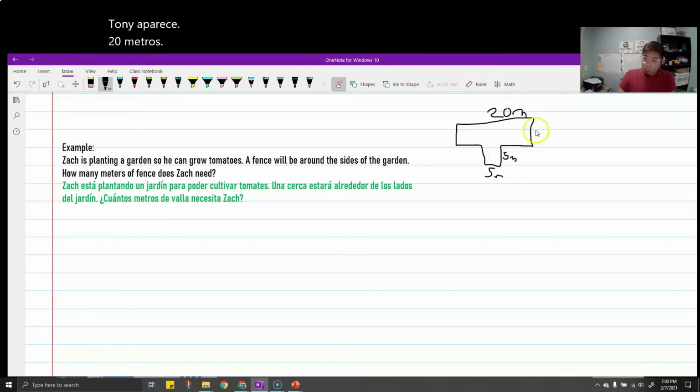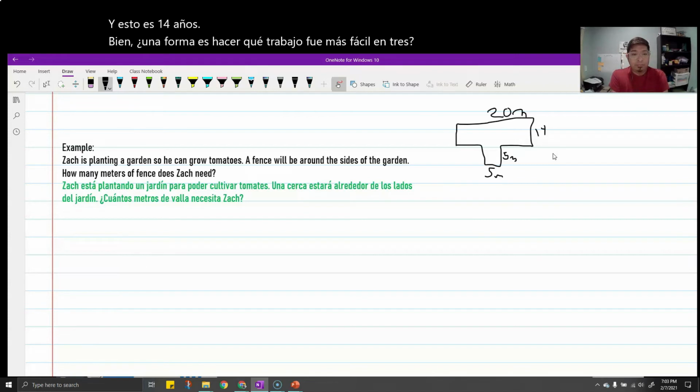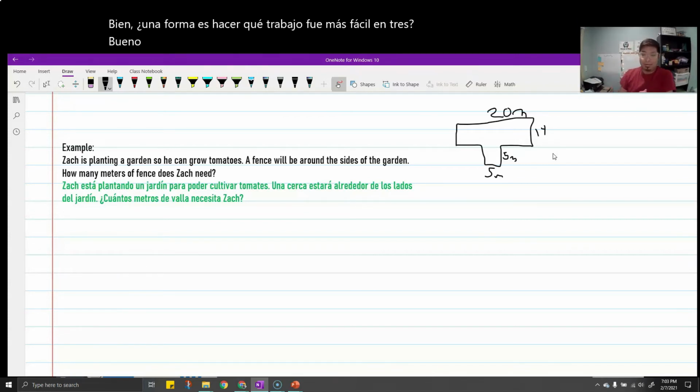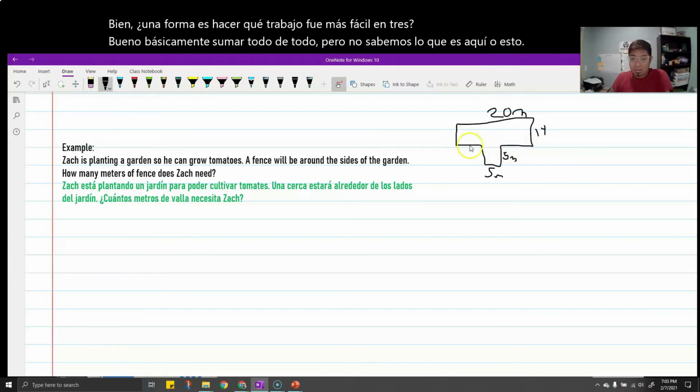And this is 14 meters. Okay. So one way is to do what? What was the easiest thing to do? Good, just basically add up everything, right? Add up everything. But we don't know what this is right here, or this, or this.